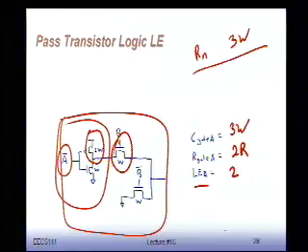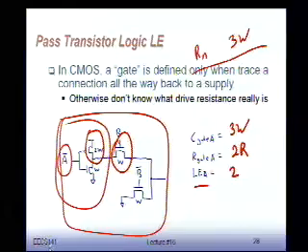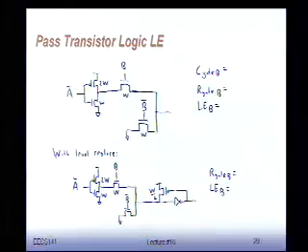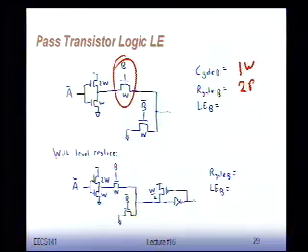However, look at the other guy. If you now look at the B input, my capacitance is going to be equal to 1 W. That's what I see here, a single transistor. Resistance, same thing, is 2R.